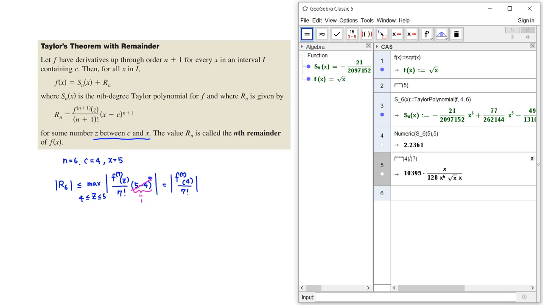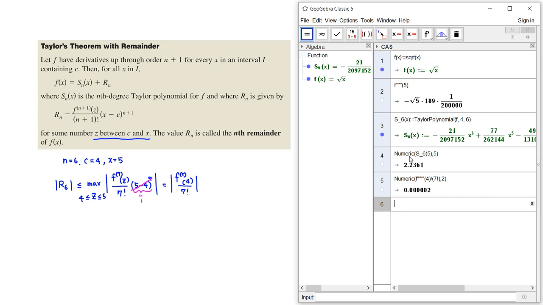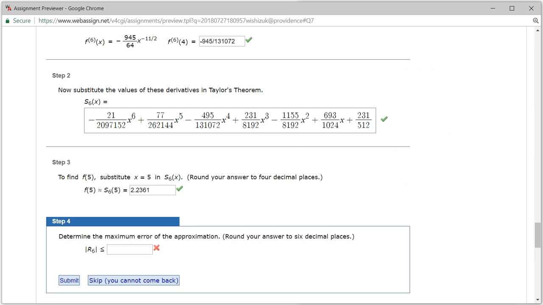Then we're going to get a numerical value, so I'm going to say numeric. And then I don't know how many, I'll just put 2 for now. Alright, so you can see that this is going to be the value 0.000002.